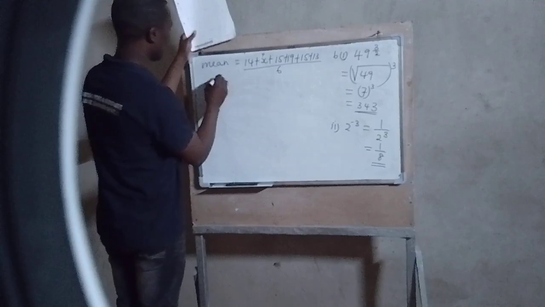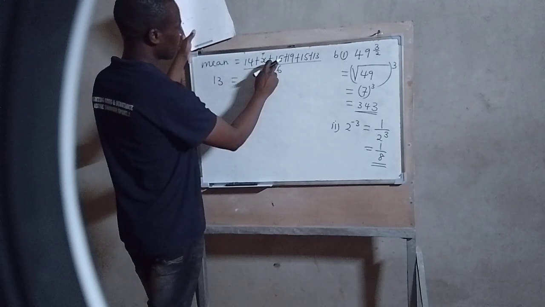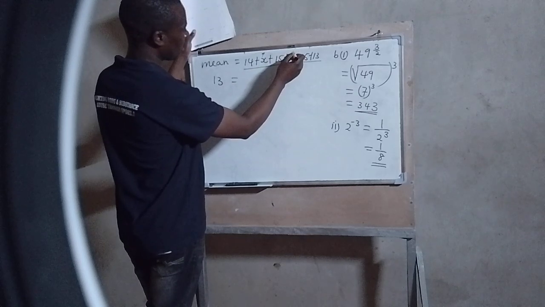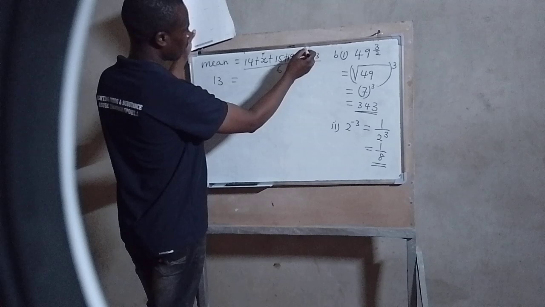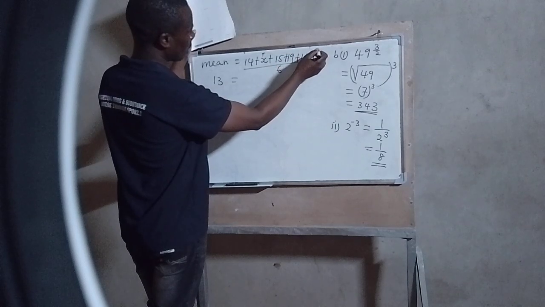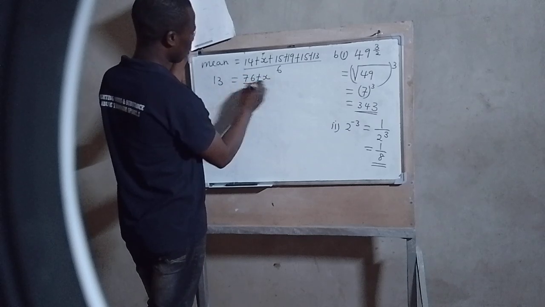So our mean is 13, so 13 is equal to, let's add, this becomes 29, this becomes 48, this becomes 63, this becomes 76, 76 plus x over 6.